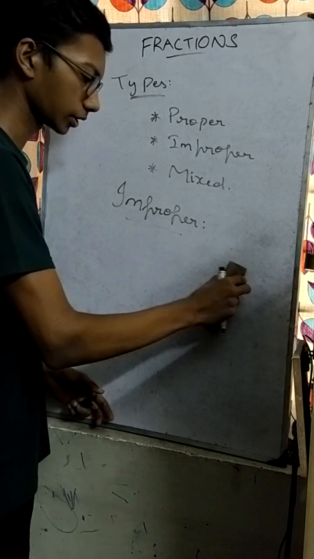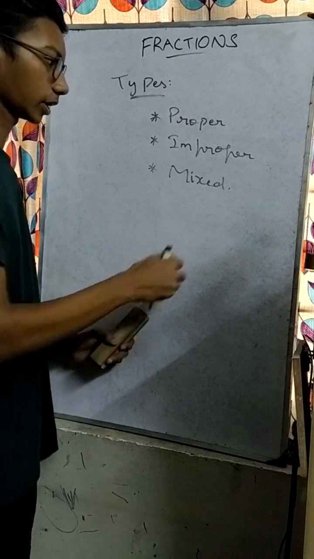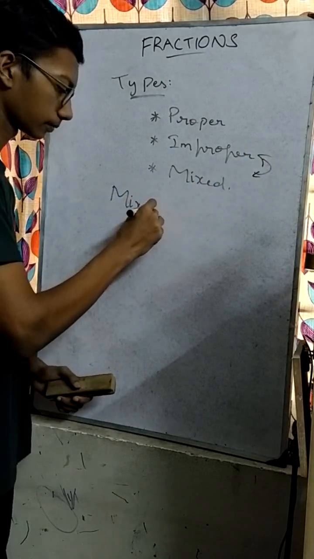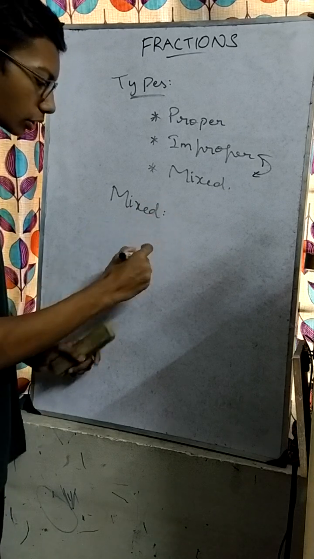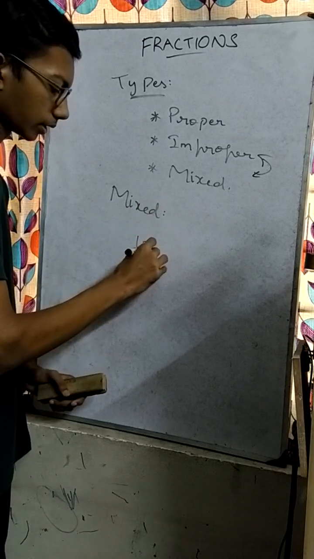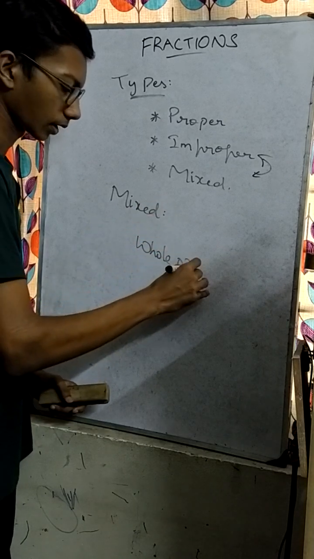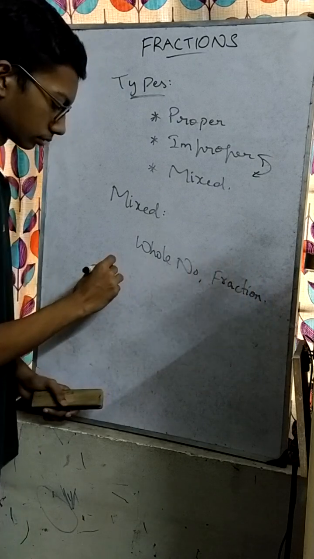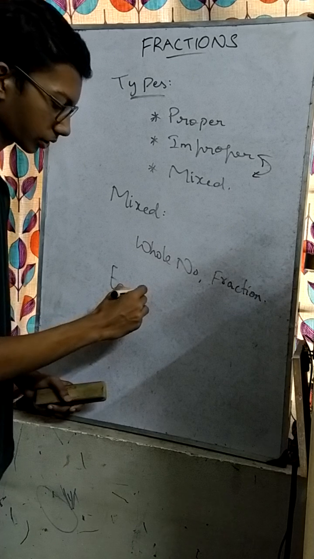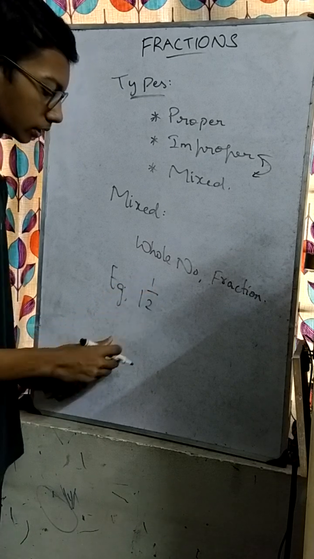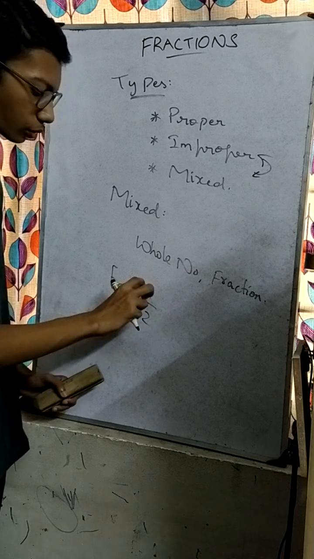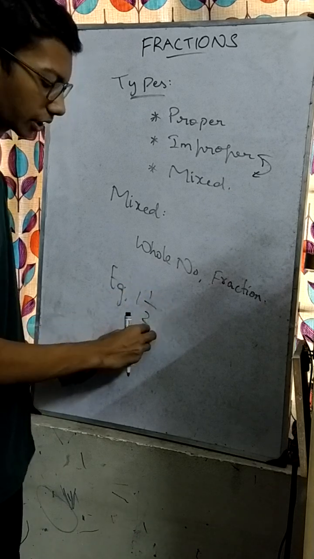Now, mixed fractions and improper fractions are interchangeable, because a mixed fraction is just a mixture of a whole number and a fraction. You can see some numbers like 1 and 1 by 2. This is a mixed fraction because it contains a whole number and a fraction.